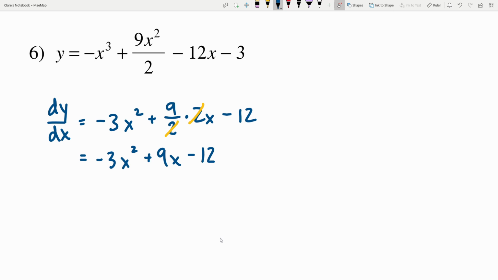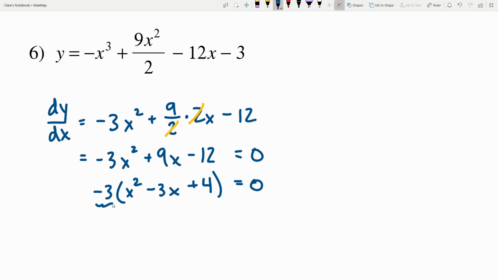So what we're going to do is see when this equals 0. What I can do right away is pull out a 3 from each of these terms to make it easier, and I'm going to pull out a negative 3. So pulling out a negative 3, I'll have x squared minus 3x plus 4, and that's going to equal 0.